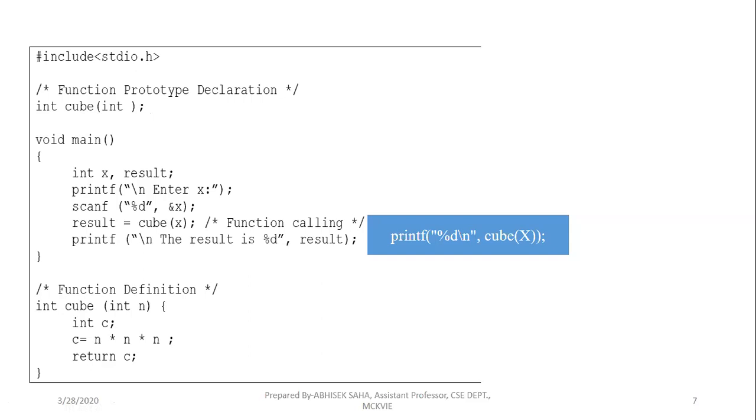No. The answer is no. You can declare your function inside main also. You can declare your function inside any other function also. Suppose you have a function A. Inside function A, you have declared another function B. You are not giving the definition, you are only declaring a function B.